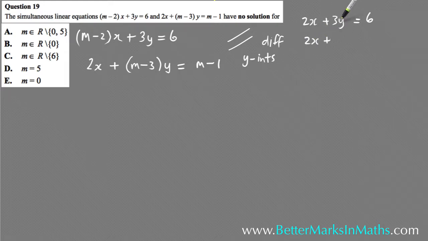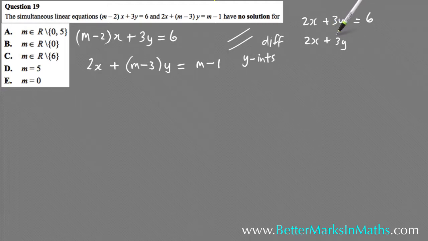As soon as this number here becomes a 3, the lines are parallel, because when you put these in the form y equals mx plus c, you divide everything by 3 and get minus 2x on 3, so the gradient of this line will be minus 2/3, and this will also have the same gradient.